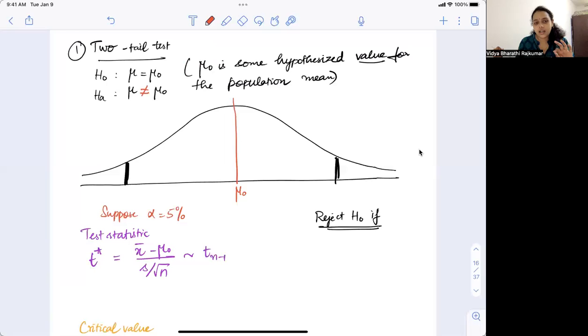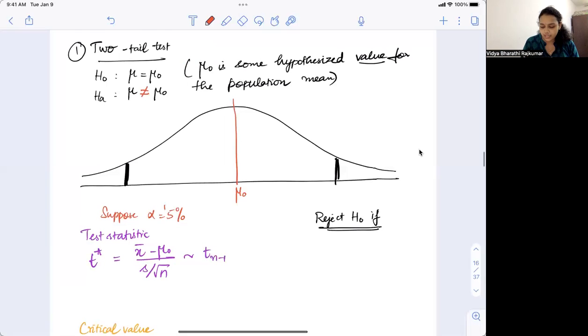Now, if we set our threshold to be alpha equals 5%, we're saying that 95% of the values have to be within a specific interval. For 95% of the cases, I won't reject the null, but only for 5% of extreme values, I reject the null. Now, when I have a two-tailed hypothesis, my extreme values could be greater than mu naught or lesser than mu naught. So this 5%, I'm going to divide equally between the right tail and the left tail.